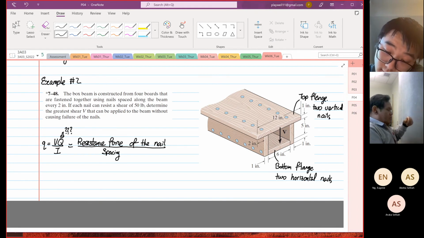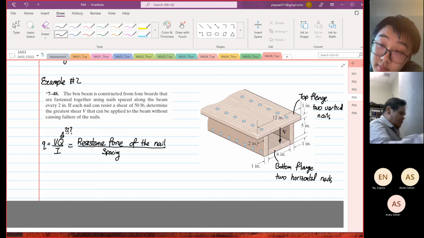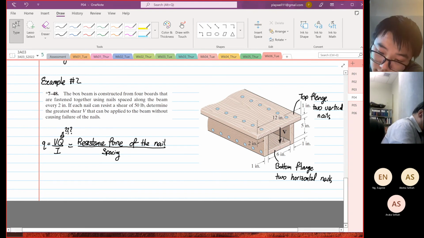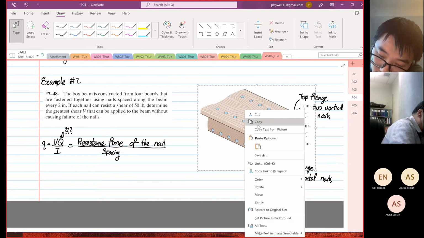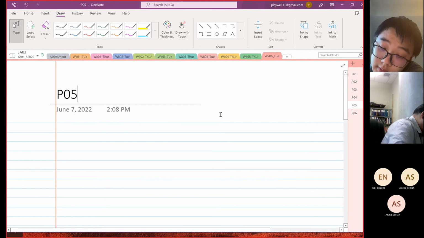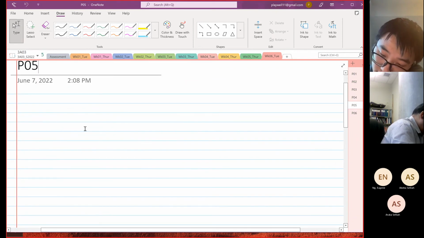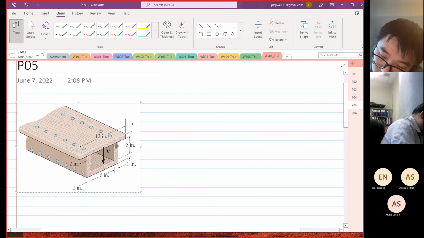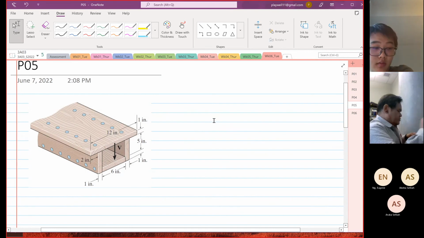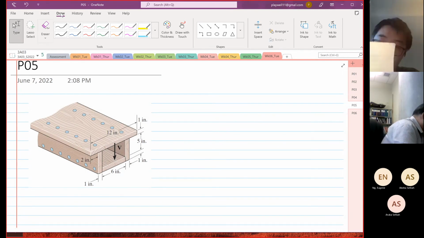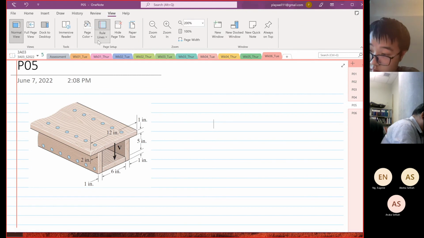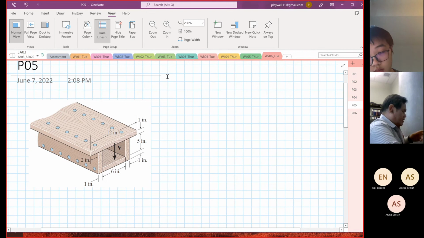Okay. So let's look at this part now. I'm going to copy this diagram. We need this diagram over here, so I'm going to sketch this diagram out. Because before we sketch anything, where is failure going to occur?